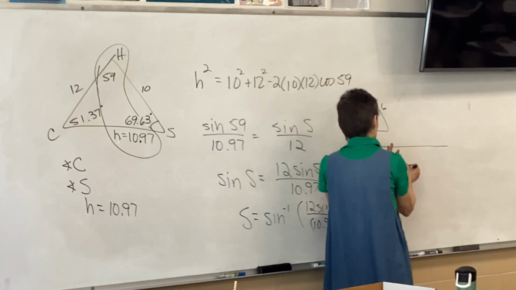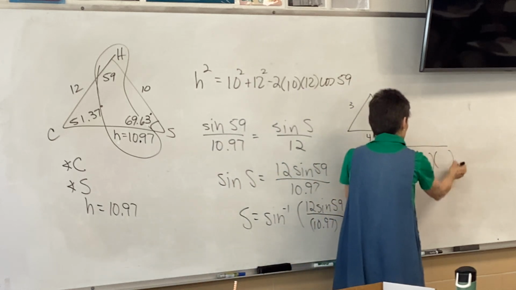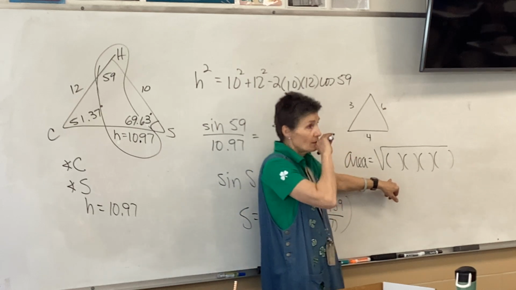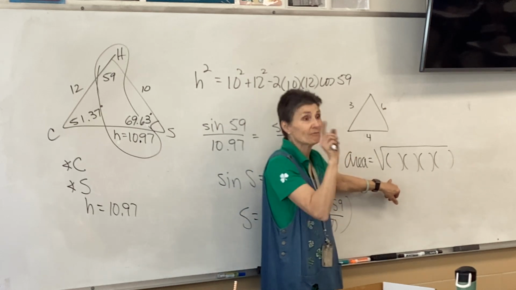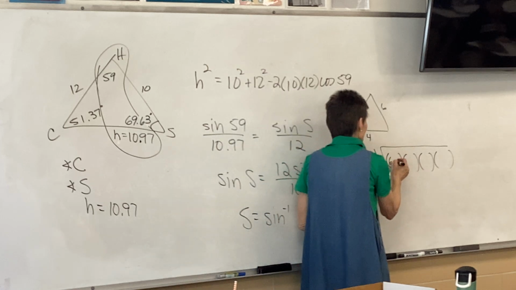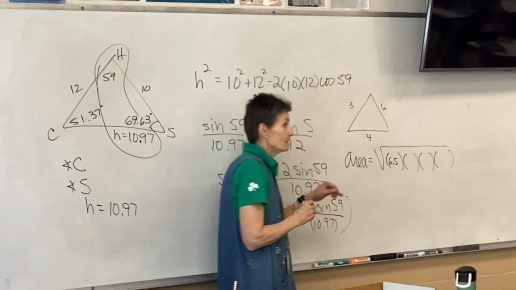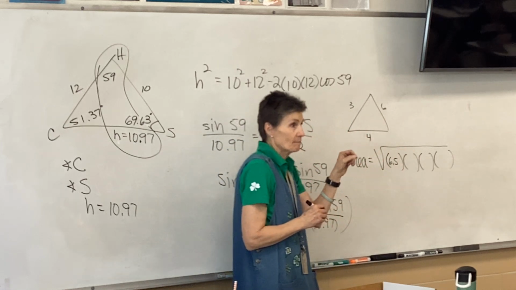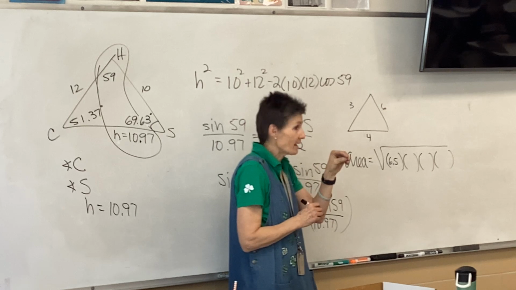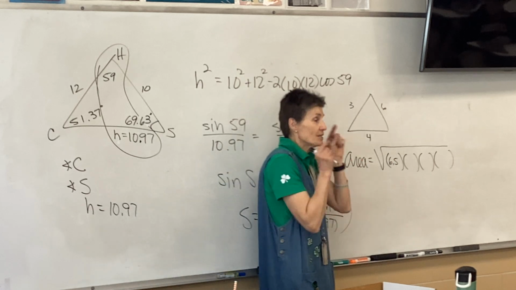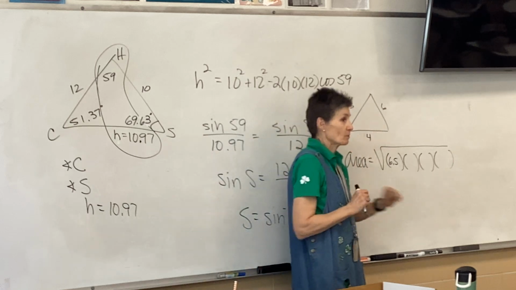Four. The first thing under the radical is half the perimeter, so 6.5. And then what are all the other things? 6.5 minus each side. You don't put any of those side numbers in there.